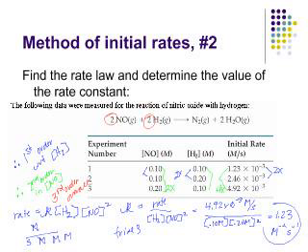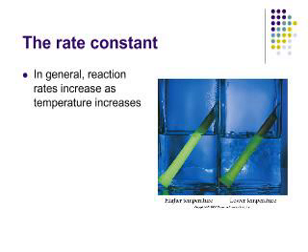All right, great. I hope you're finding that these really are not too bad to do. As long as you're familiar with the basics, they should work out pretty smoothly for any problem you encounter. Now, I did want to take a little bit of time and talk about the rate constant more specifically. In general, we know that reaction rates increase as temperature increases. So this is a chemiluminescence reaction from a light stick.